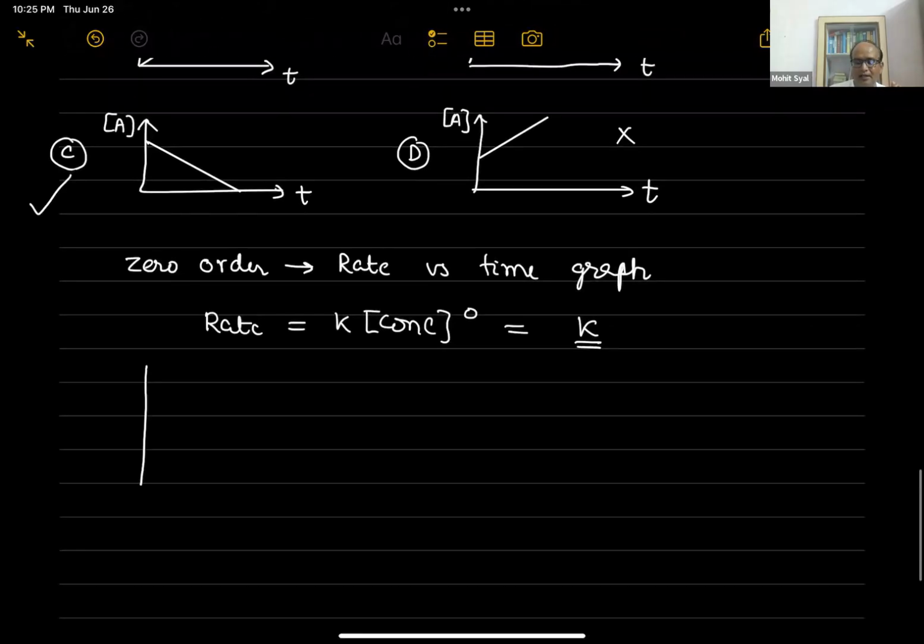So for a zero order reaction, the rate, that is the speed of the reaction, versus time is constant. And once the reaction is completed, it will become zero. It will touch the x-axis, meaning it stops. But as long as the reaction progresses, the rate remains fixed.